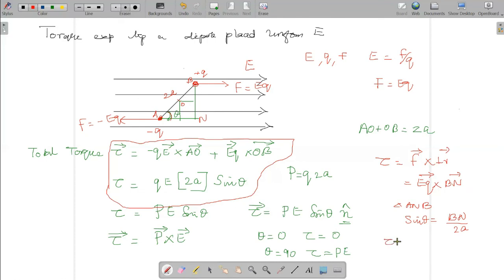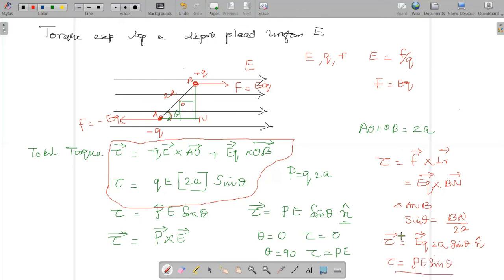But torque will be equal to, it's a vector product, EQ into 2A sin theta, and here we should have n cap to represent the direction. Then taking only the magnitude, Q into 2A is P, so PE sin theta.